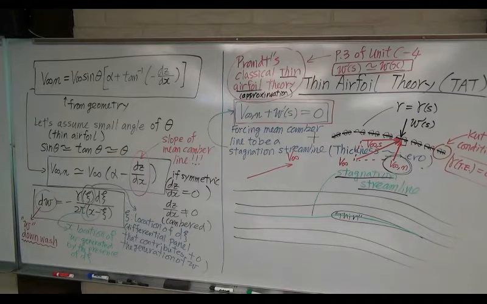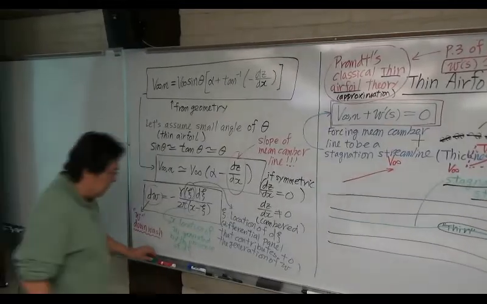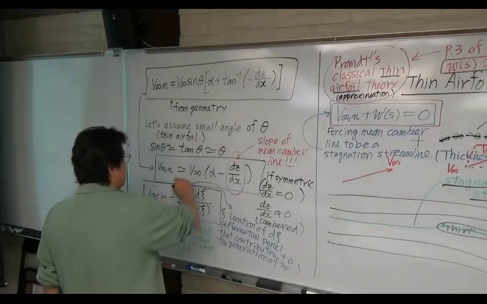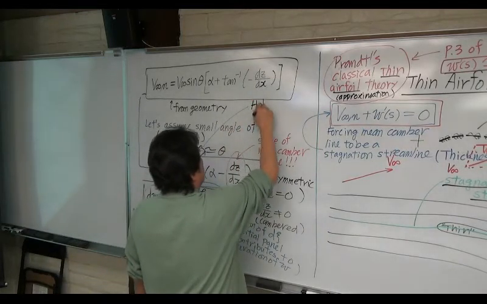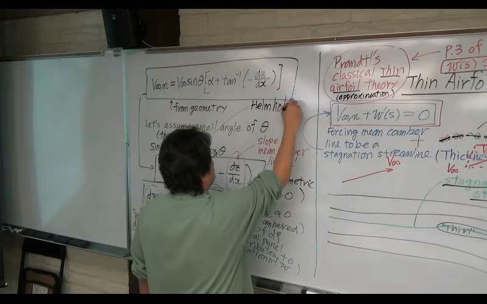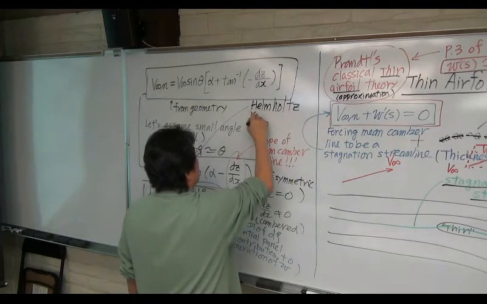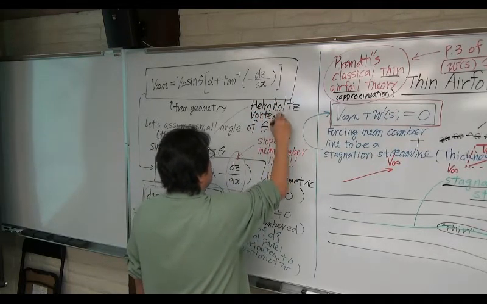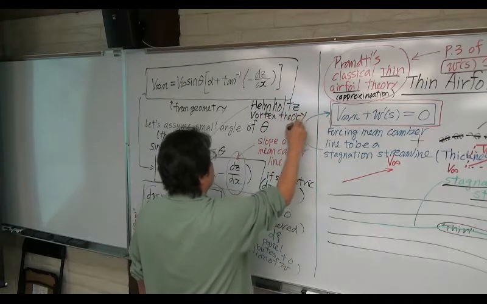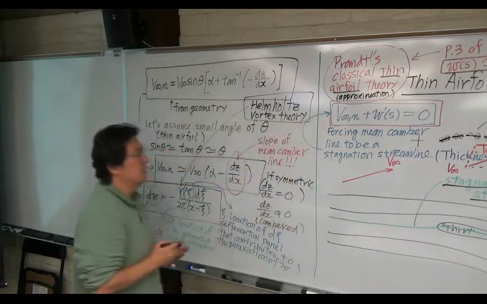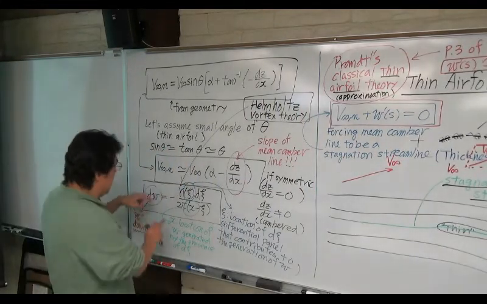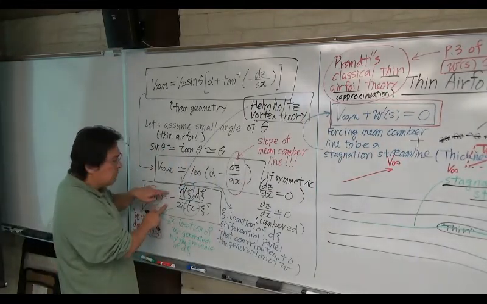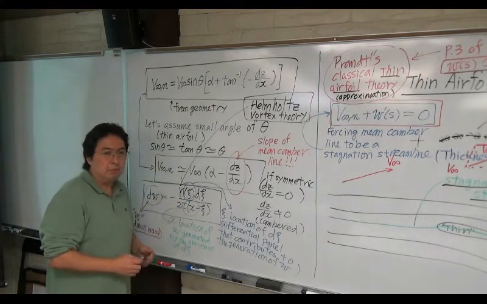So this is not so easy a concept, but where does this come from? This comes from something called Helmholtz vortex theory, which we're not going to cover, but it is fundamentally from somebody who found how much velocity is induced by the presence of the vortex panel.